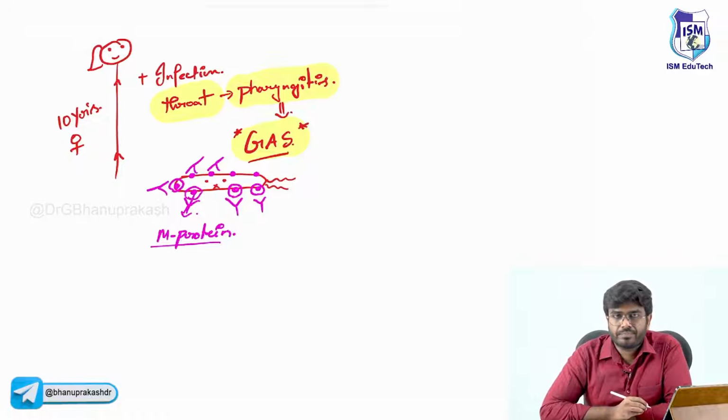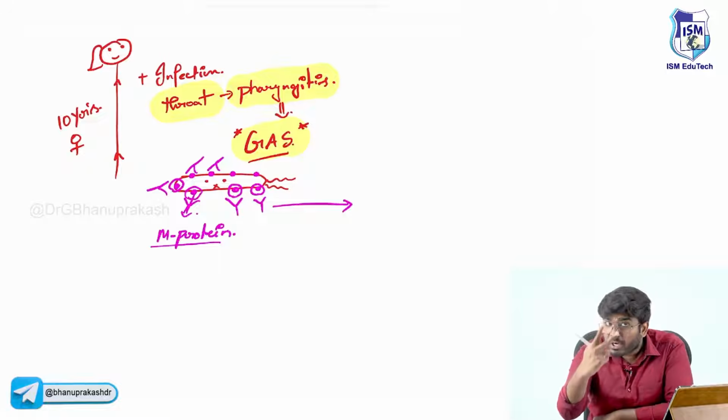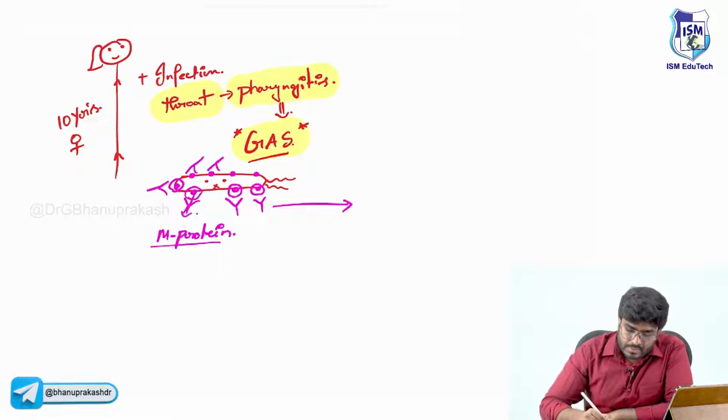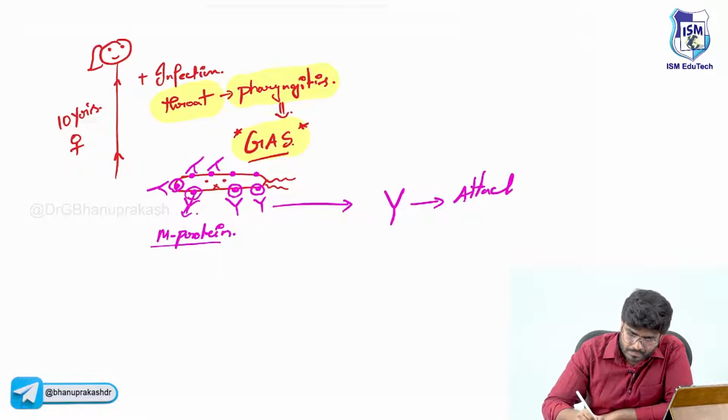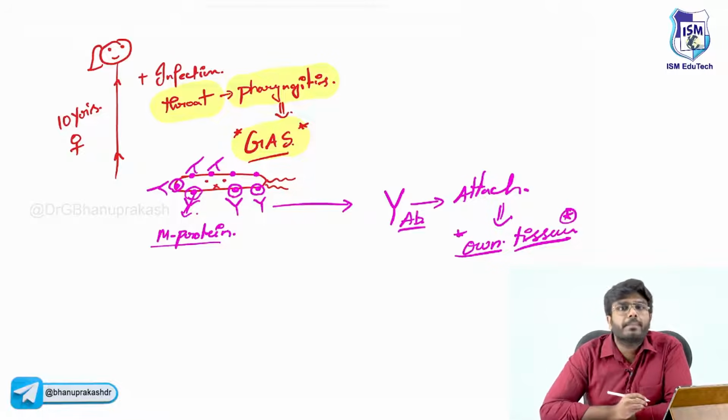But what happens here is, the antibodies which are produced against the bacteria's M protein will start to attack own tissues. Why?